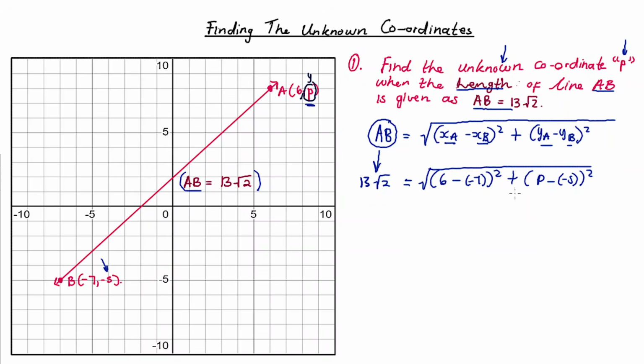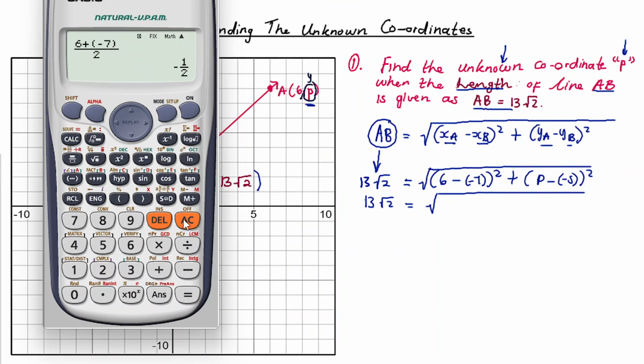Let's just simplify the brackets underneath the square root before we do anything drastic with this calculation. So I'm keeping the square root, but I'm solving for the values underneath the square root. First off, I have 6 minus negative 7 squared.